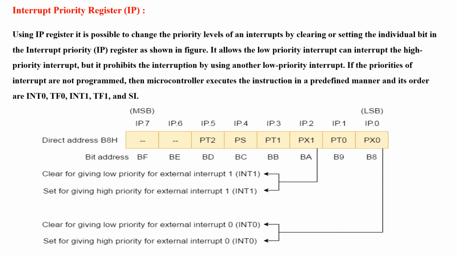PT1, the 3rd bit of the IP register, and PT0, the 1st bit, are used to clear or set the priority for the timer overflow flag interrupts. PS is used for the priority of the serial interrupt. IP.6 and IP.7 are not used.